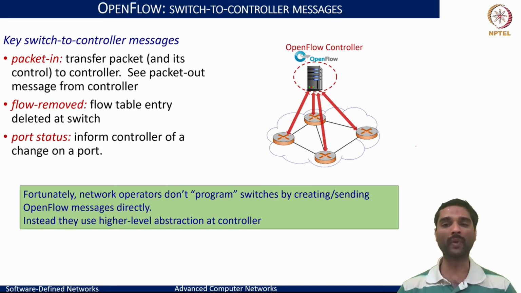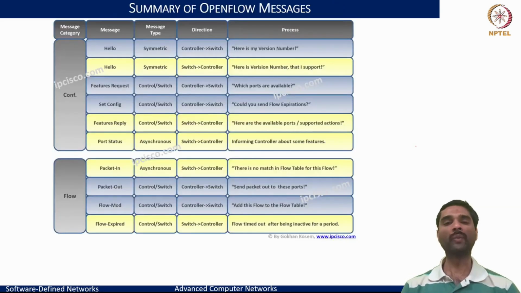And what the network operators in turn use is exactly the high-level abstractions that are facilitated by the network OS. The table here summarizes the set of messages that we just discussed, and on a broad basis we can categorize them.